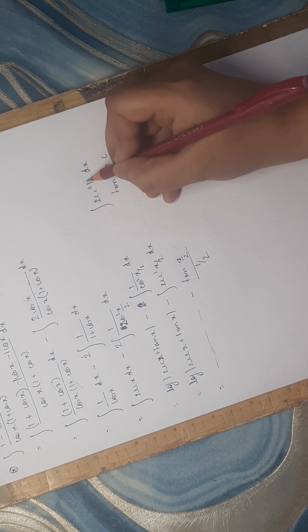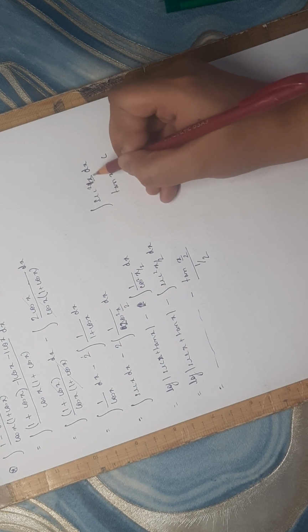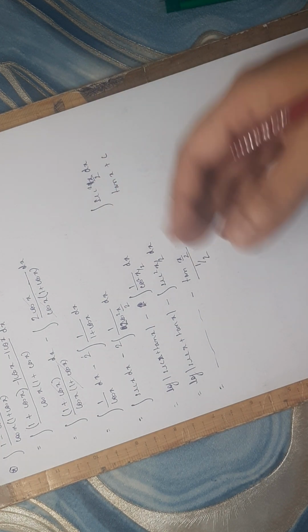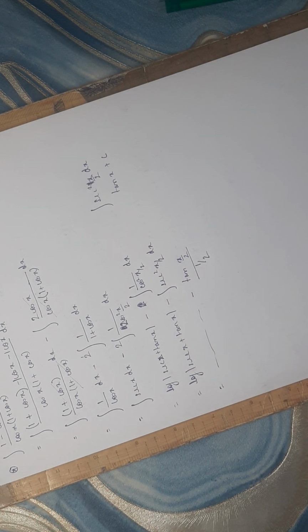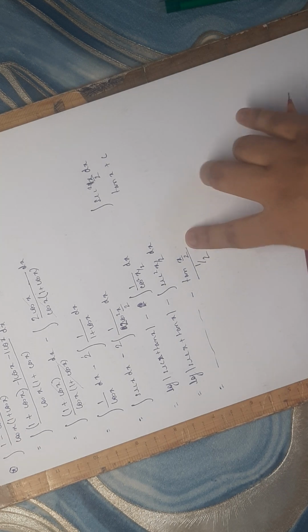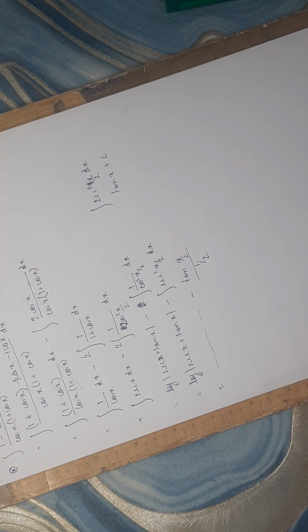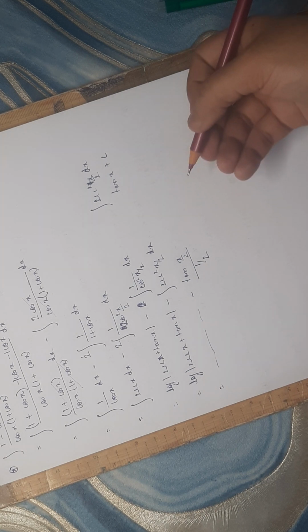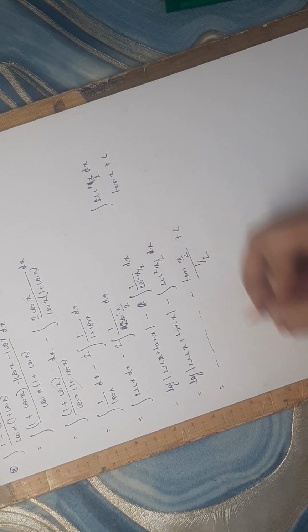But in place of x, if you have x by 2, then when you integrate, first it will be tan x by 2 as normal, but the coefficient of half should come in the denominator. Always remember that, because a lot of students make these kinds of mistakes. And we have a plus c.